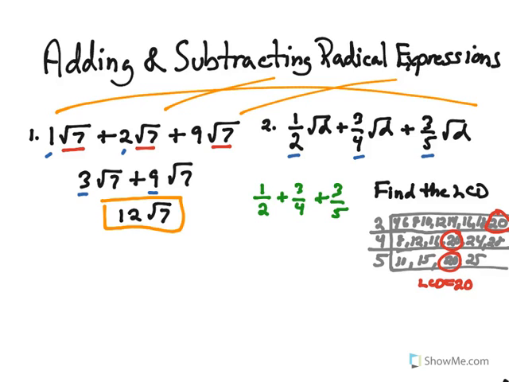So when we do this, we're going to multiply this denominator by something in order to get 20. The only way that's going to happen is if it's 10. But then you're going to do the top by 10 as well. Here, we have to multiply 4 times what? 4 times 5 will in fact give me 20. We have to multiply the numerator as well.